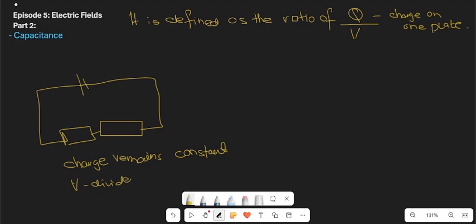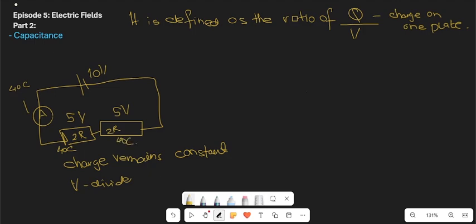That is to say, if the cell has a potential of, let's say, 10 volts, and there's an ammeter here carrying a charge of, let's say, 40 coulombs, and the resistors have the same resistance, say 2R each, then this one will get 5 volts and this one will get 5 volts as well. So the volt is being divided, but the charge remains constant. This is getting 40 coulomb, this is getting 40 coulomb as well.